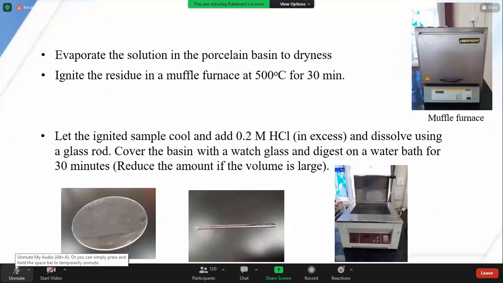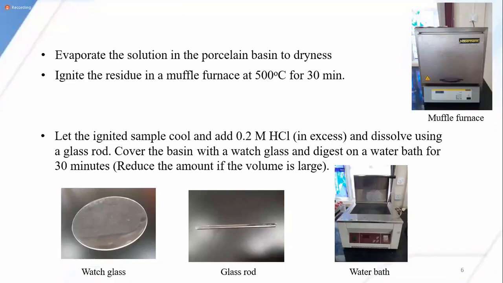Yes, ma'am. Then after adding the HCl, you have to cover it with a watch glass or other lids. You can use the crucible cap or a watch glass to cover the crucible. What is the purpose of doing that?